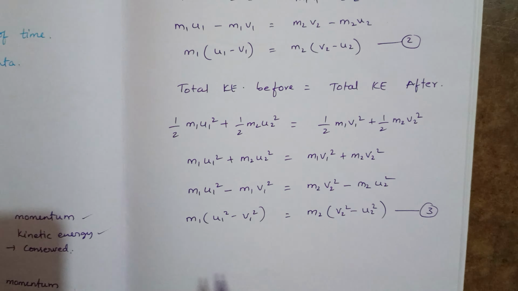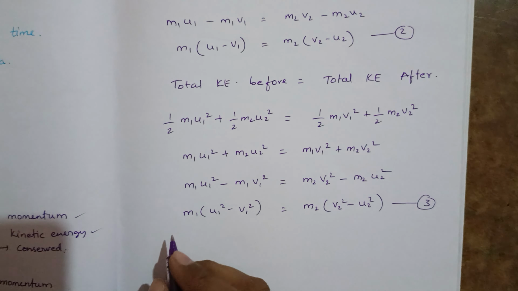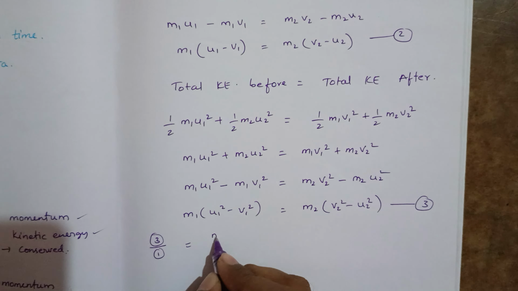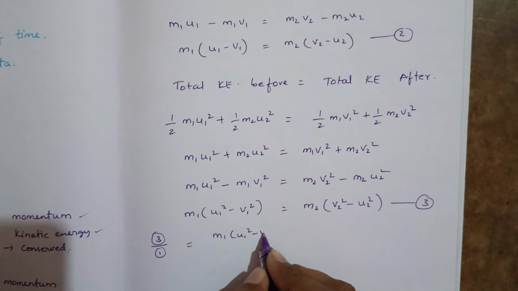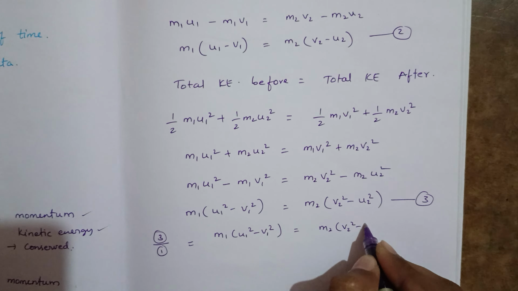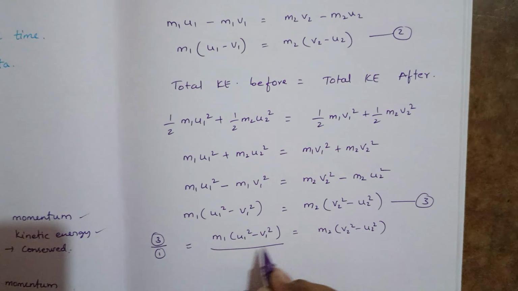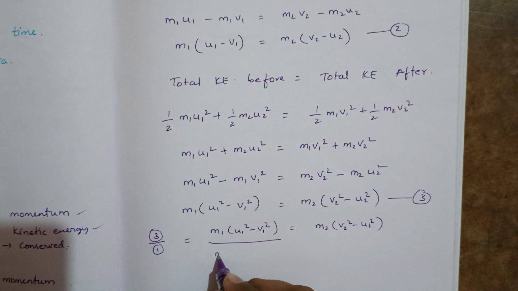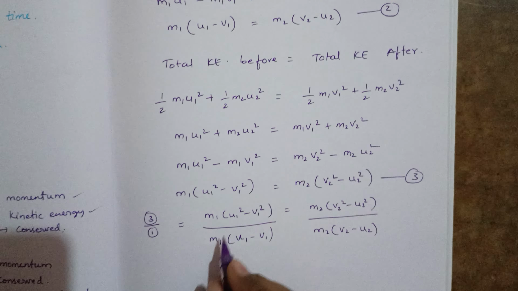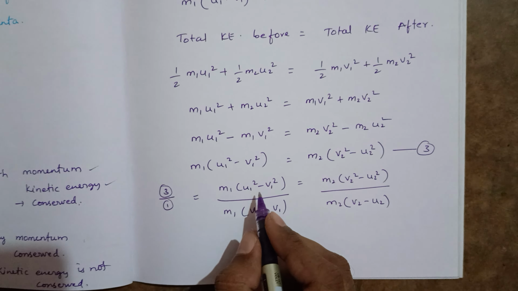So we can take the ratio, equation 3 divided by equation 2, which gives m1 (u1 squared minus v1 squared) over m1 (u1 minus v1) equals m2 (v2 squared minus u2 squared) over m2 (v2 minus u2). So here it is a squared minus b squared form.